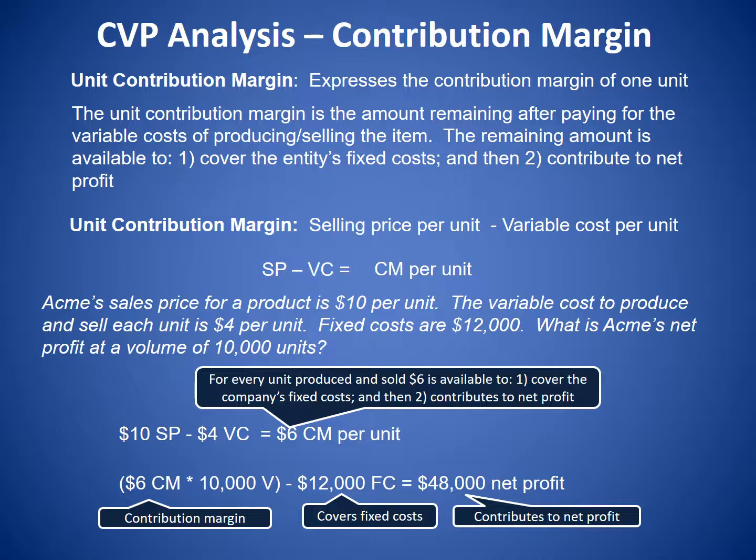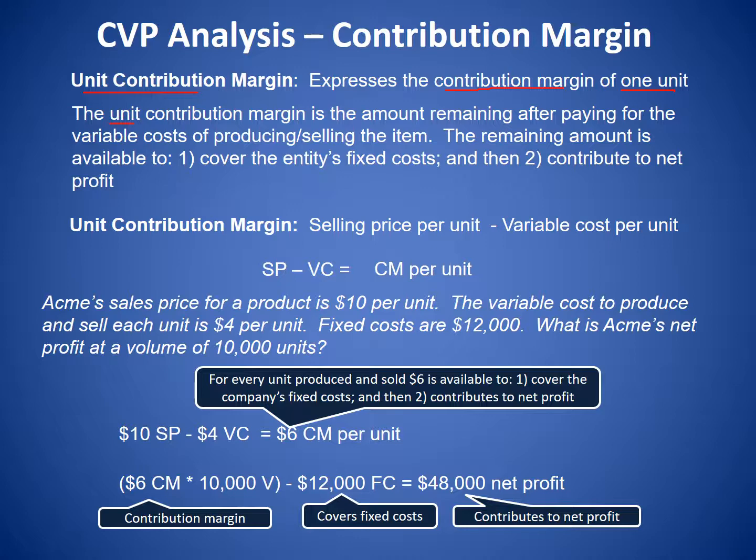Okay, cost volume profit analysis, and it's a concept of contribution margin. Contribution margin is an extremely important concept in management accounting. It's also carried through to the CPA exam. The contribution margin itself expresses the contribution margin of one unit. So what is a contribution margin?